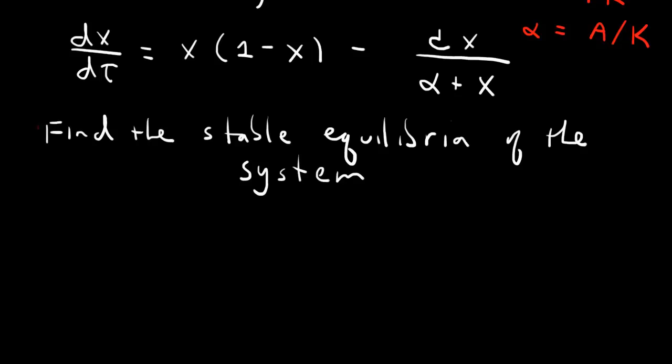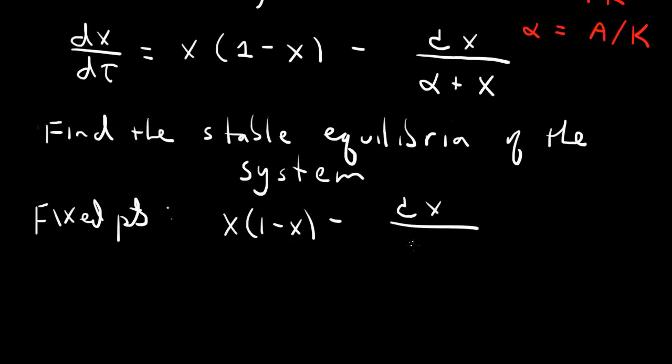So to do that, we start by looking at fixed points of this equation. So dx/dτ equals 0, so this equals 0. So we have x times (1 minus x minus cx over alpha plus x) equal to 0. Each term is proportional to x, so we can factor out x.